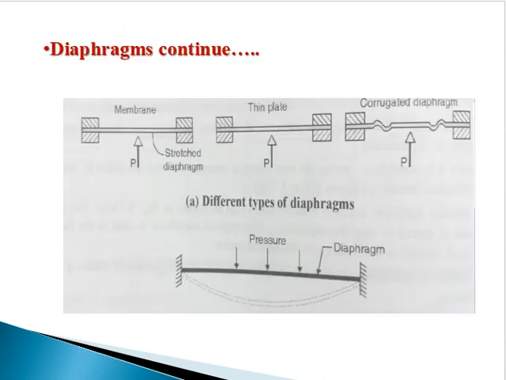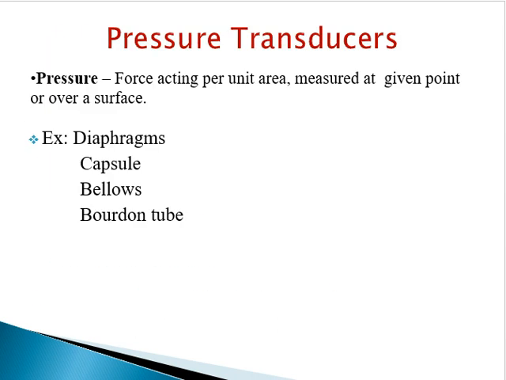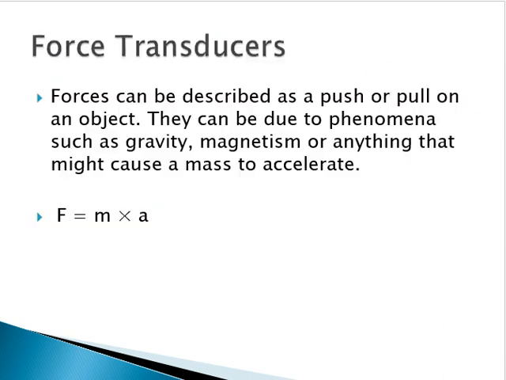Okay, so we have completed diaphragms, bellows, capsules, and Bourdon tubes. Let us see the force transducer. What do you mean by force? First, we have to see that. Force can be described as a push or pull on an object. It can be due to phenomena such as gravity, magnetism, or anything that might cause a mass to accelerate.